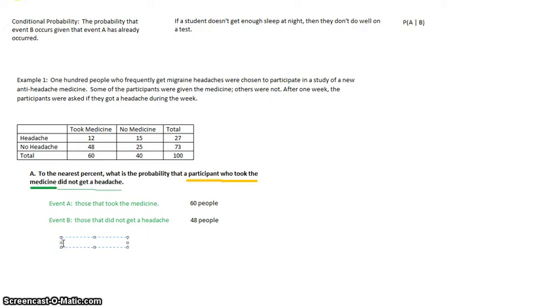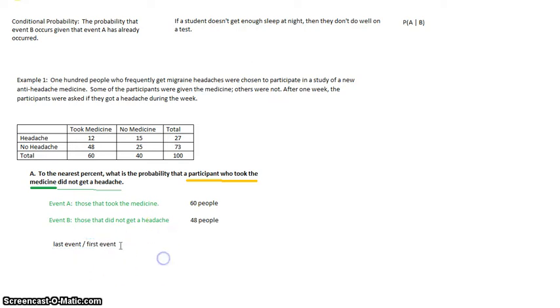Our final thing is to find the probability that a participant who took the medicine did not get a headache. For a conditional probability, we take the last event divided by our first event.